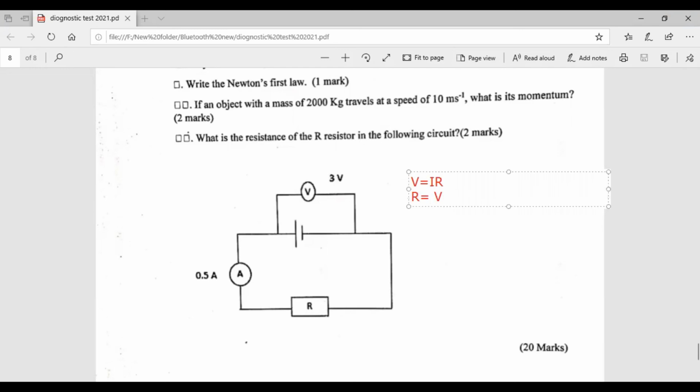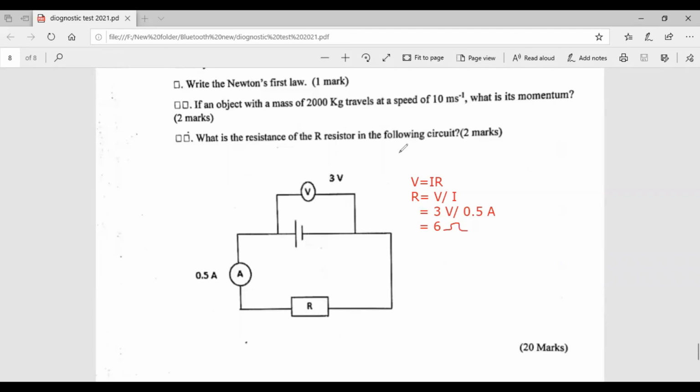So R equals V divided by I. Here the voltage is given as 3 volts, divided by 0.5 amperes. So R equals 6 ohm. Ohm is the unit of measuring resistance.